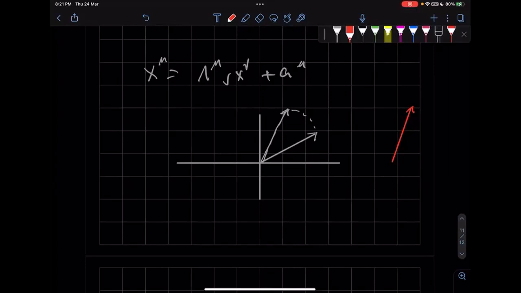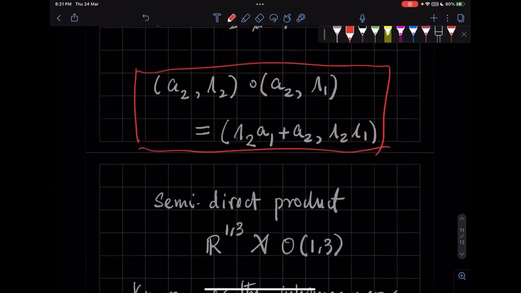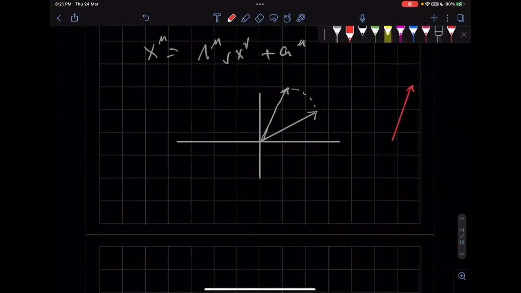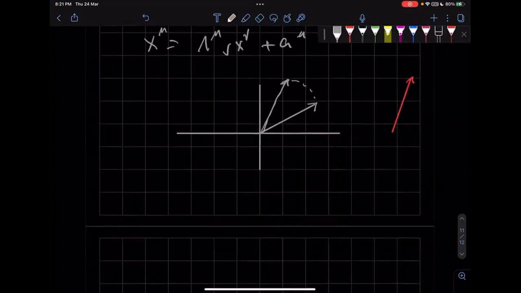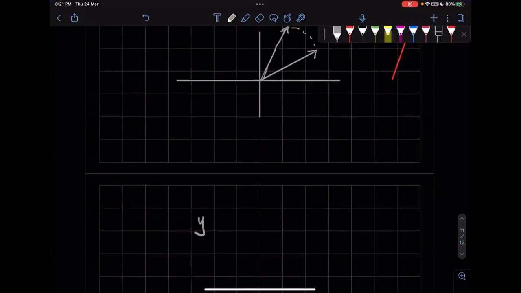What you're saying is there's this structure, the semi-direct product. The way I wanted to put this is that, if I'm talking about matrices, this is a matrix operation, right? And we call these sort of operations homogeneous linear transformations. But if I add something, that's usually known as an inhomogeneous transformation.